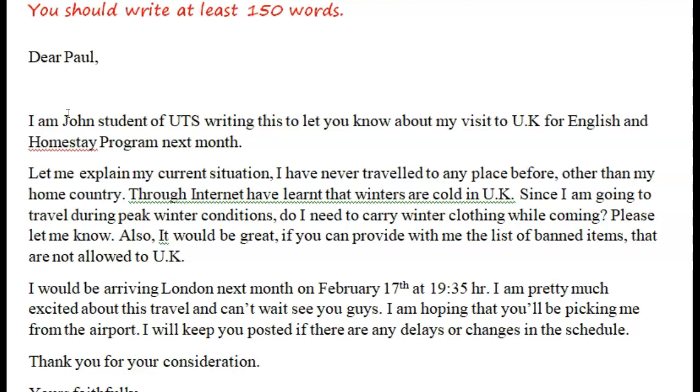What I mean is it disregards some of the formalities that we use in letter writing. As I said, for me, this should be a formal letter. And in formal letters, the first thing that we do is express the reason for our writing. So you kind of did that, but I would have changed it around. I would have said, Dear Mr. Smith, I am writing to thank you for agreeing to be my host family for the English and Homestay program and to introduce myself.